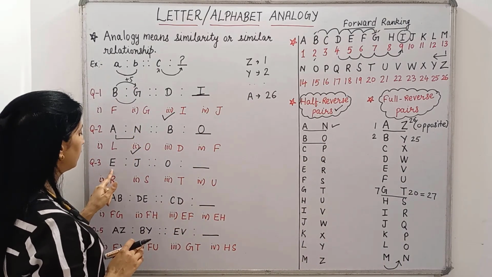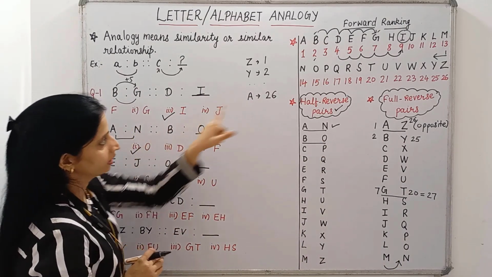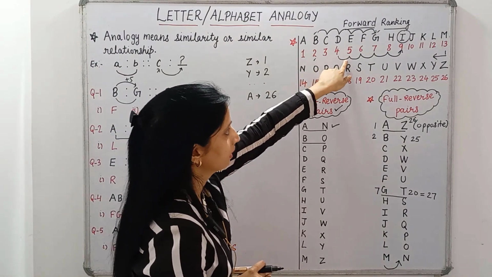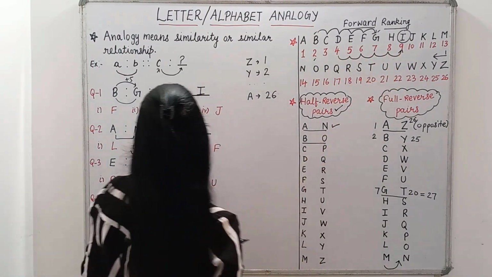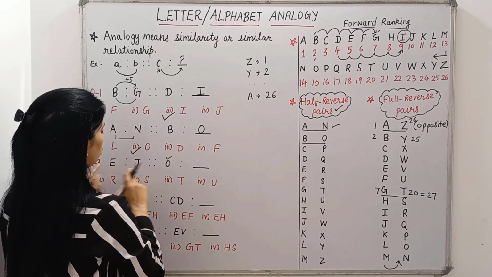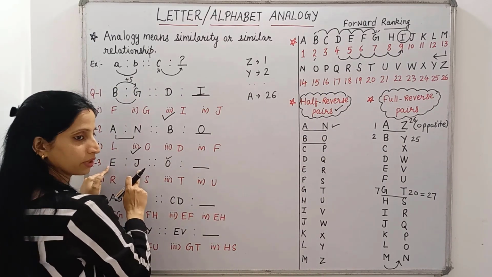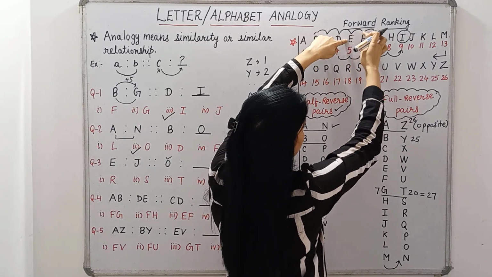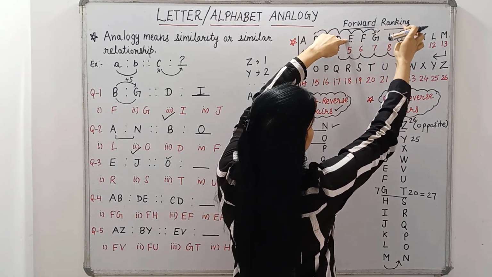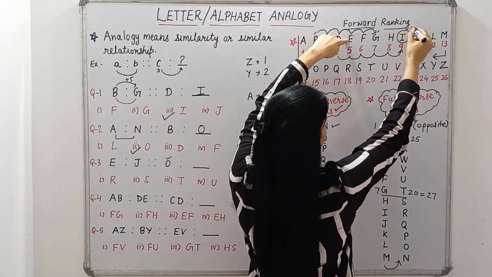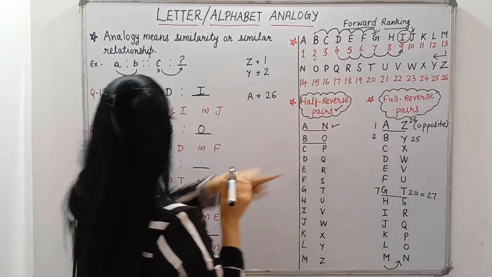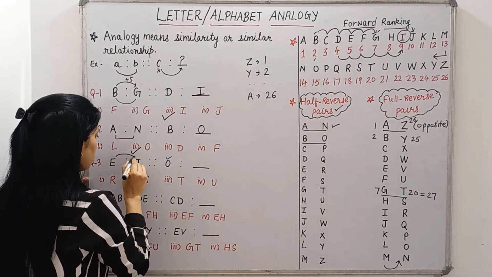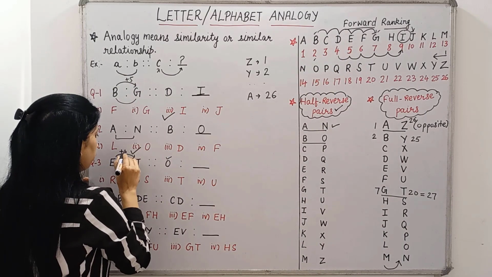Now third is E, J. So where is E? Here E. And this is J and next letter is O. So from E, how can we get J? E. So 1, 2, 3, 4 and 5. So again, we are moving 5 letters forward. So this is what we are doing, plus 5.